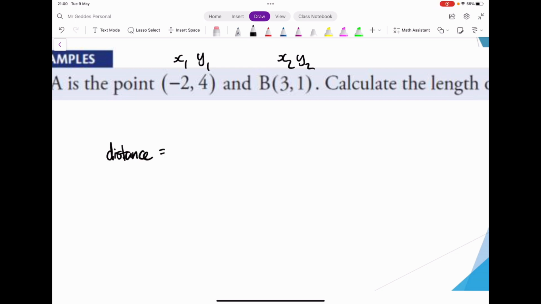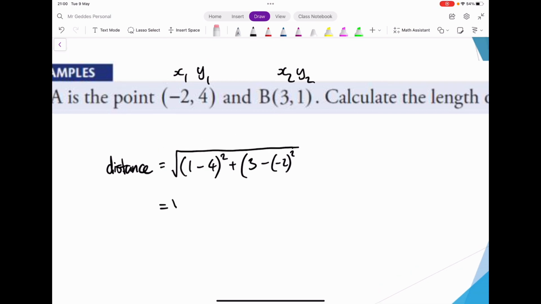So we've labelled them, we're going to put down the word distance. So that is the distance equals large square root sign, y2 minus y1 is 4, squared, plus x2 is 3 minus, I'll look for the double negative there, x1 is negative 2. Underneath, we'll maybe tidy this up a wee bit.